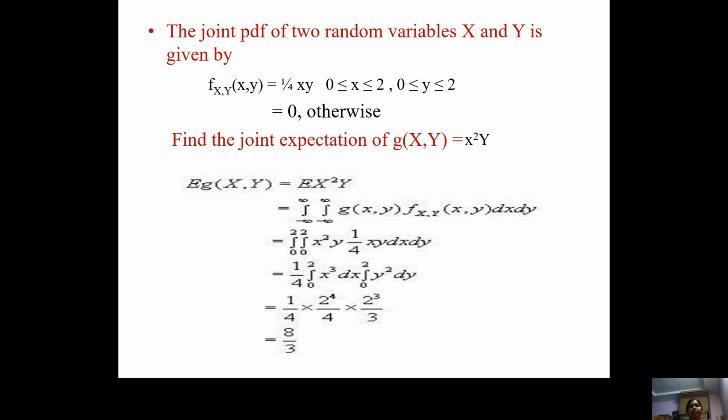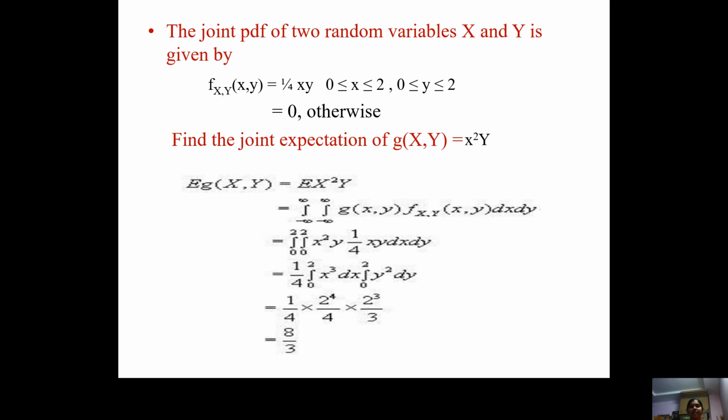Here we have an example problem, where we are going to determine the joint expectation of g of x y. The joint probability density function of two random variables x and y is given by f x y of x y equal to 1 by 4 x y, for 0 less than or equal to x less than or equal to 2, and similarly 0 less than or equal to y less than or equal to 2.